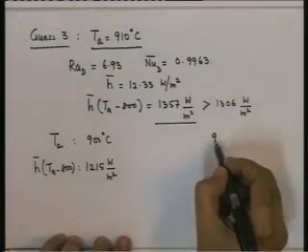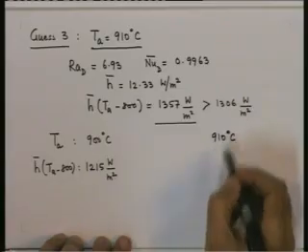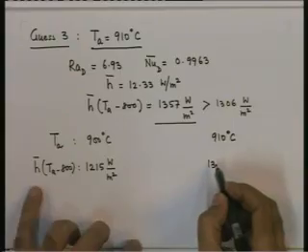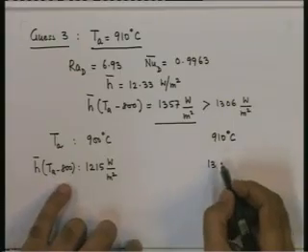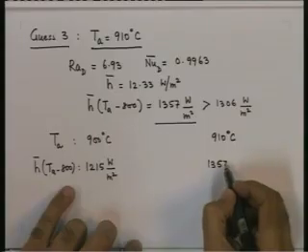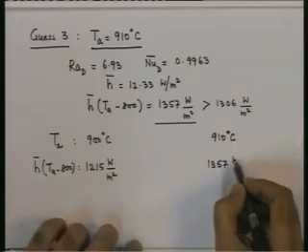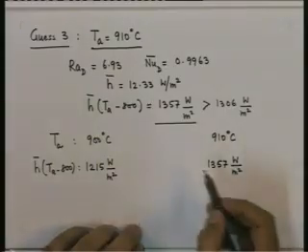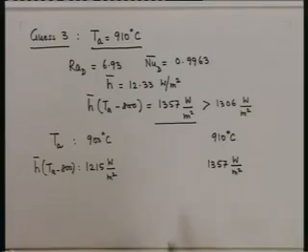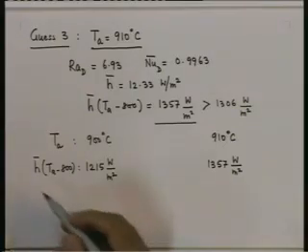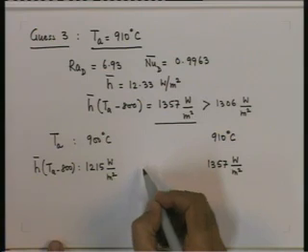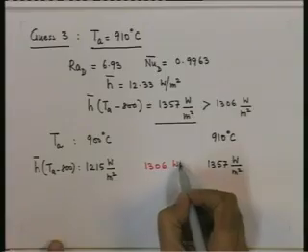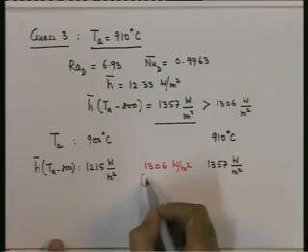Then we assume TA to be 910 degrees C and we obtain this value h bar into TA minus 800 to be 1357 watt per meter square. Our required value of h bar into TA minus 800 is 1306 watt per meter squared. This is the requirement.